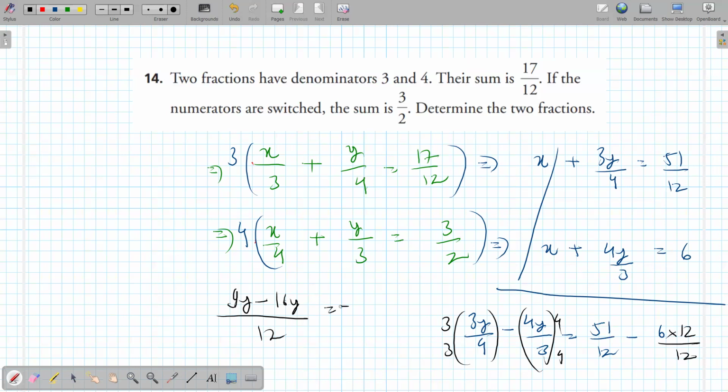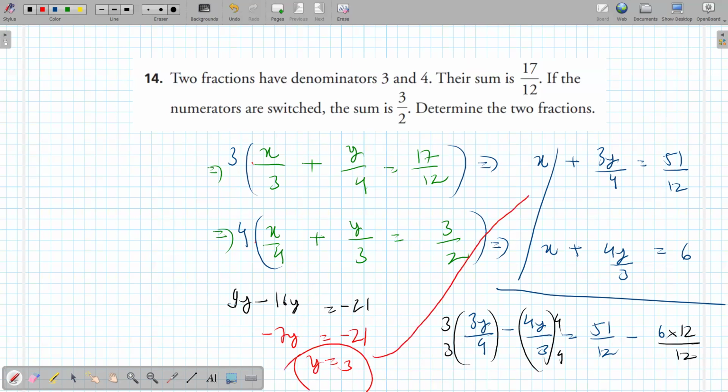So we have negative 21 over 12. Can we cancel out these two 12s? Yes. If you multiply by 12 on both sides, those two denominators disappear completely. Then you have this. So this is negative 7y is negative 21. That is 3. So y is 3.